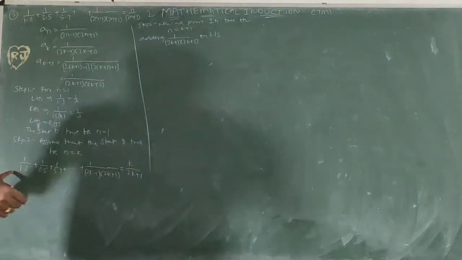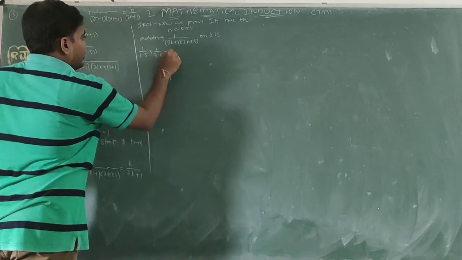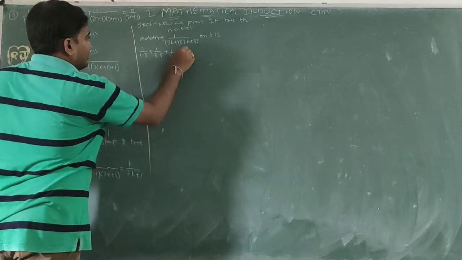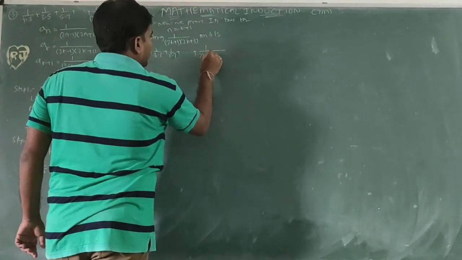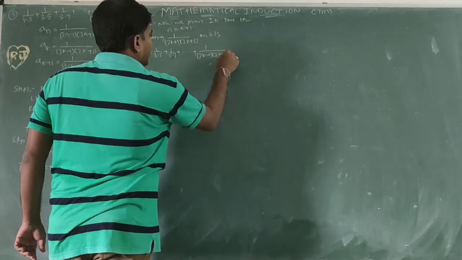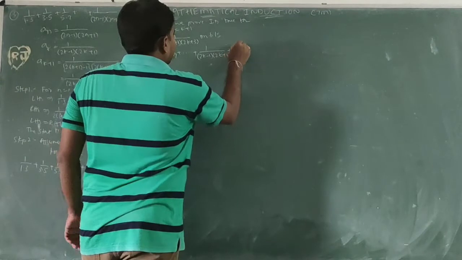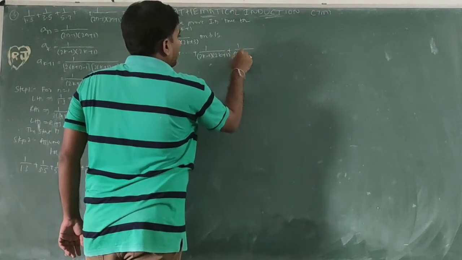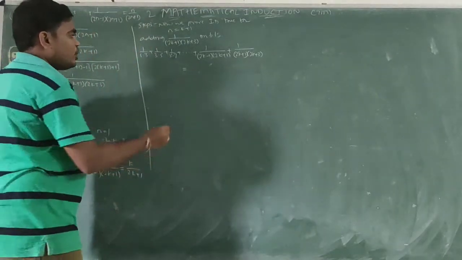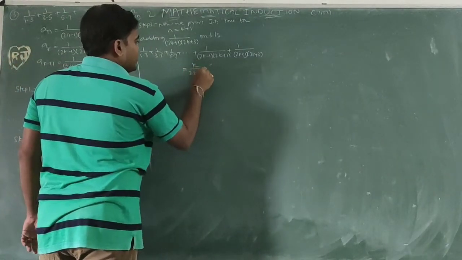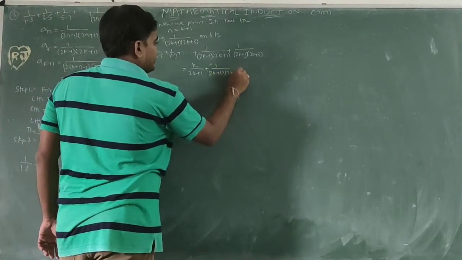So now 1 by 1 into 3 plus 1 by 3 into 5 plus up to so on plus 1 by (2k minus 1)(2k plus 1) plus 1 by (2k plus 1)(2k plus 3) equal to, on the right side, k by (2k plus 1) plus 1 by (2k plus 1)(2k plus 3).